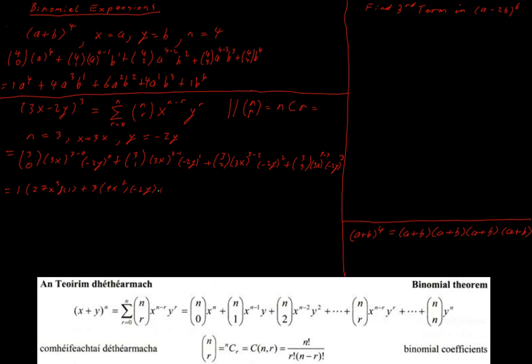3 choose 2 is 3 when we put it into our calculator, and I get 3x to the power of 3 minus 2 is 1, so it's 3x on minus 2y, minus 2y squared would be 4y squared.